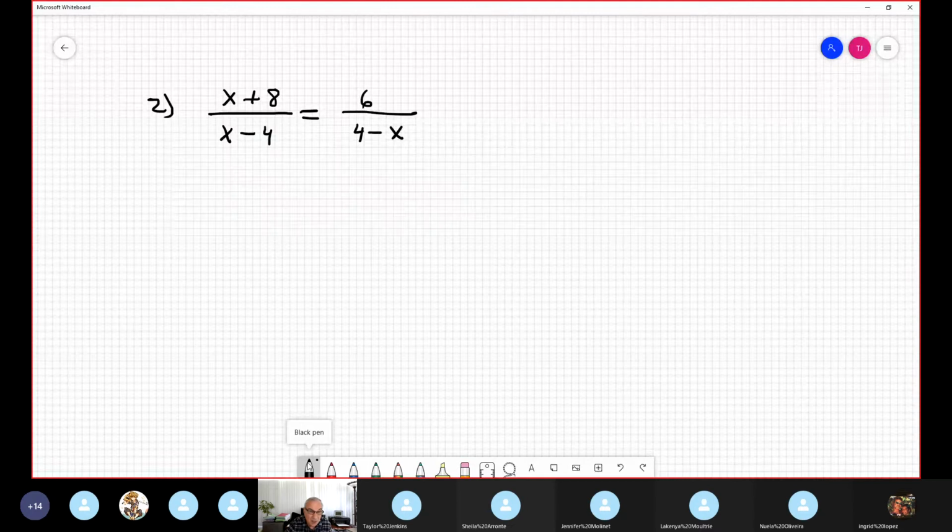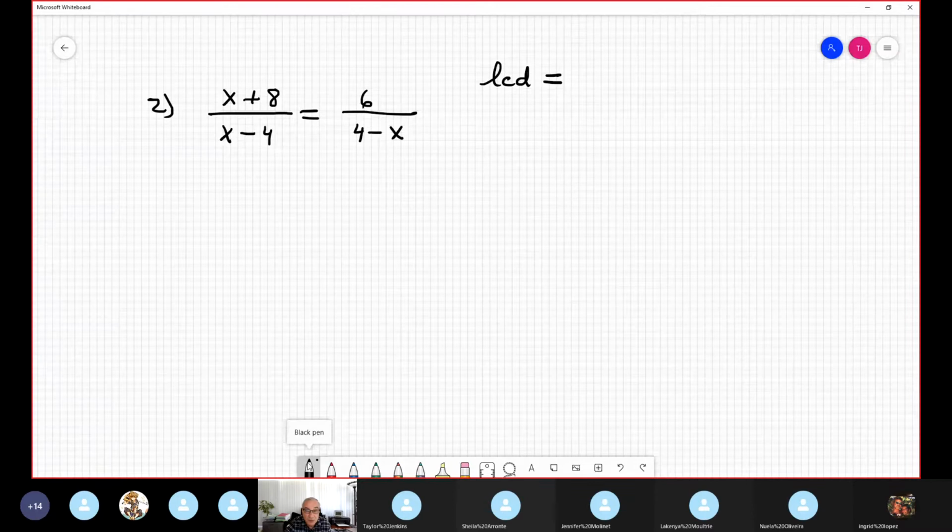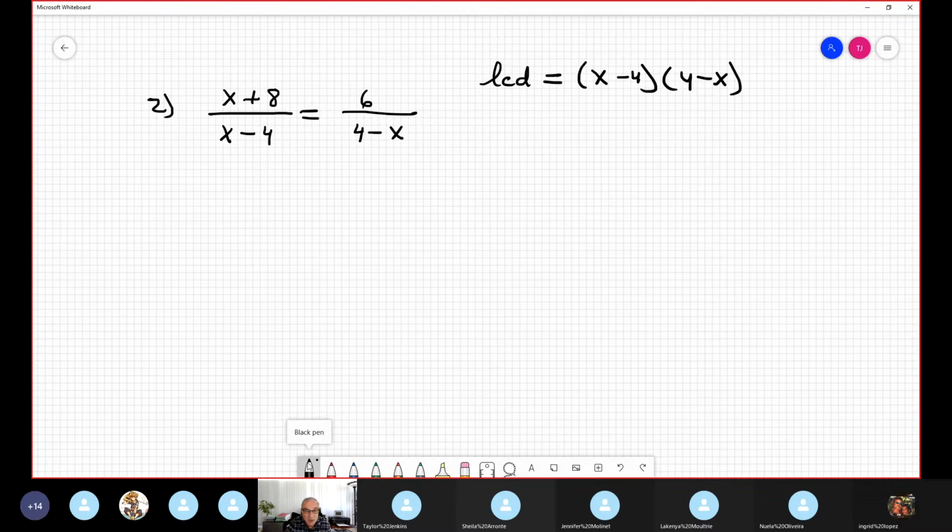Okay. Step 1 is factorization, but we cannot factor anything because every expression is prime. You need to find the least common denominator. The least common denominator is both x minus 4 and 4 minus x. Okay, actually it's the same. They are twin brothers, no?